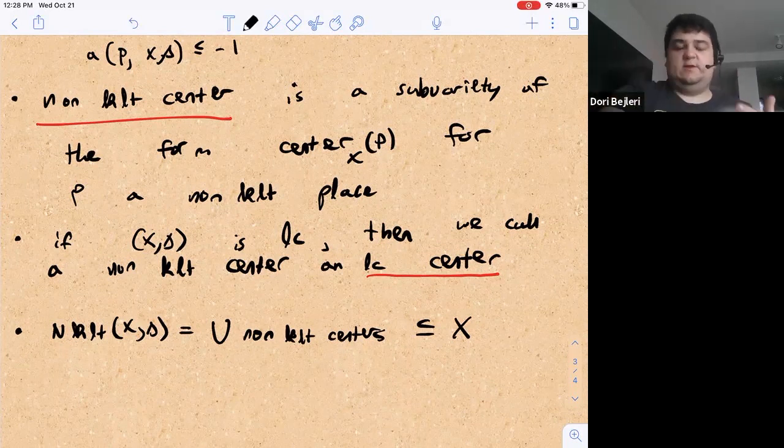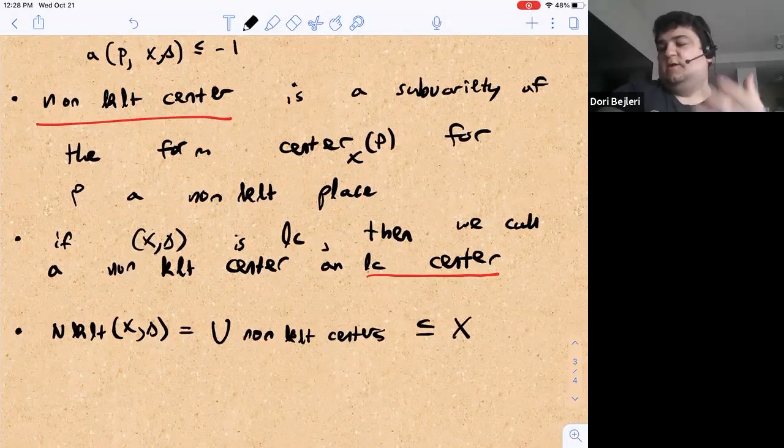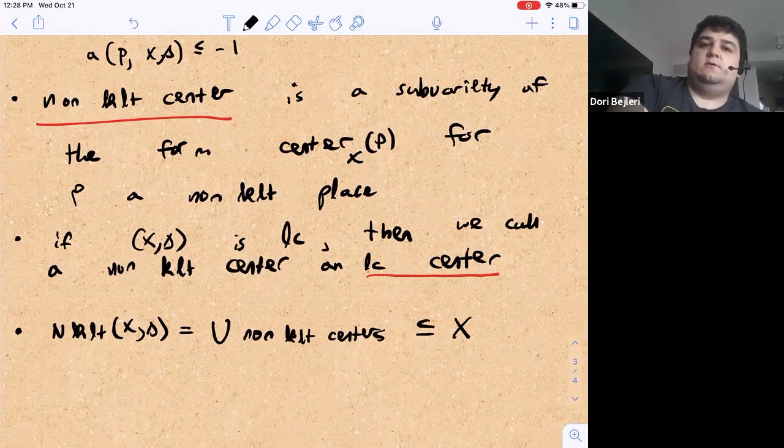Okay, so any questions about that definition? A lot of the game here will be that we can control what's happening away from the non-KLT locus using vanishing theorems that we will start proving hopefully in like 10 minutes. And then you need to understand what's happening at these log canonical centers.